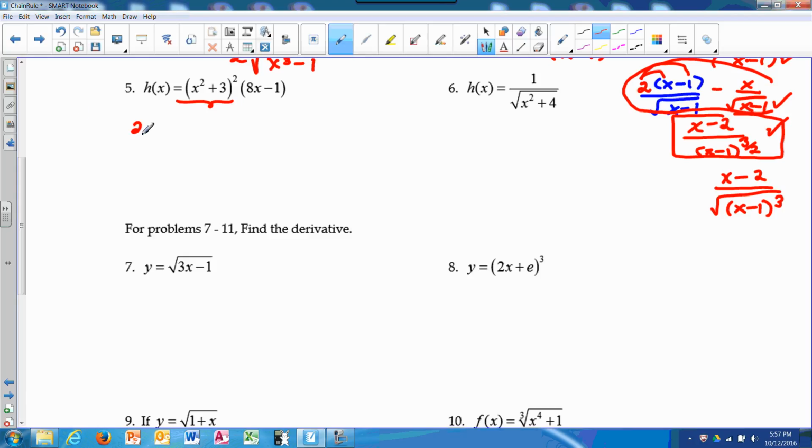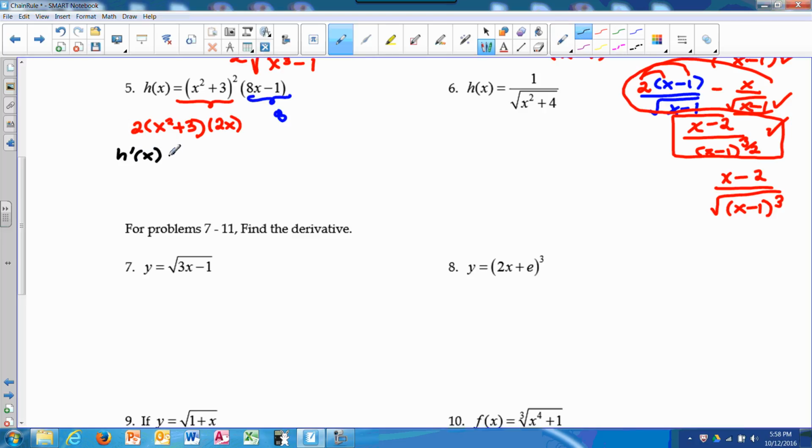Okay, for number 5, we have a product. So our first term has a derivative of 2 x squared plus 3 to the first power times the derivative of the inside, which is 2x. Our second portion has a derivative of just 8.